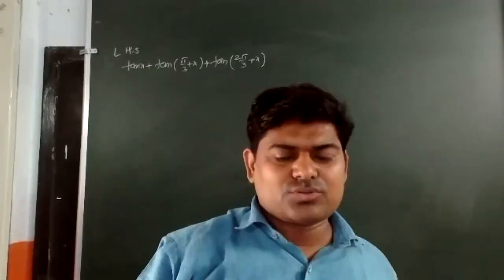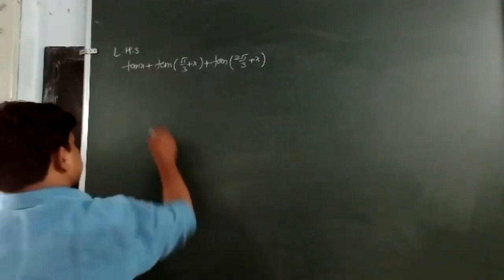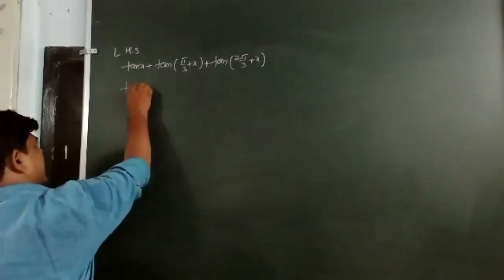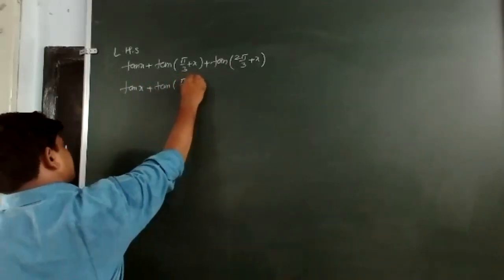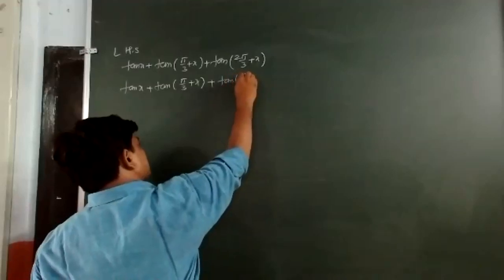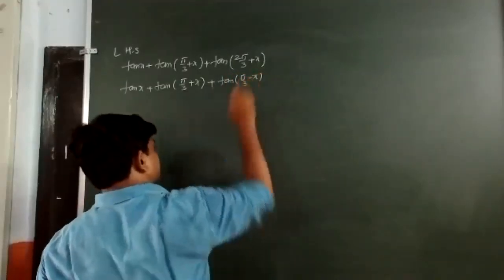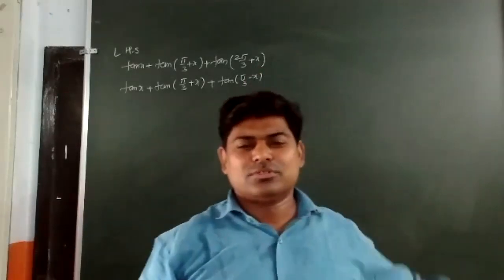So what should I do? I'm taking the left hand side. First line, what I am going to do, you see, it is tan x plus tan of pi by 3 plus x, and this one I am going to write as tan of pi by 3 minus x. If anyone has any doubt how, I can explain here.